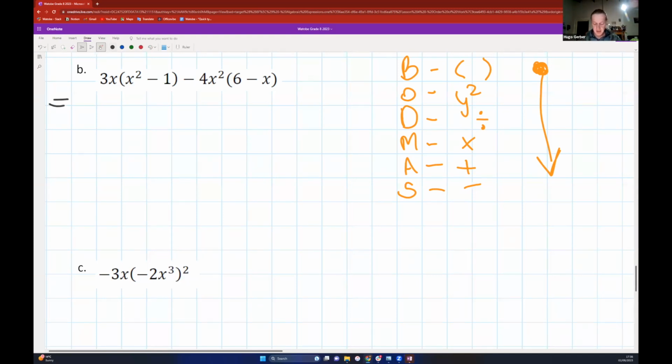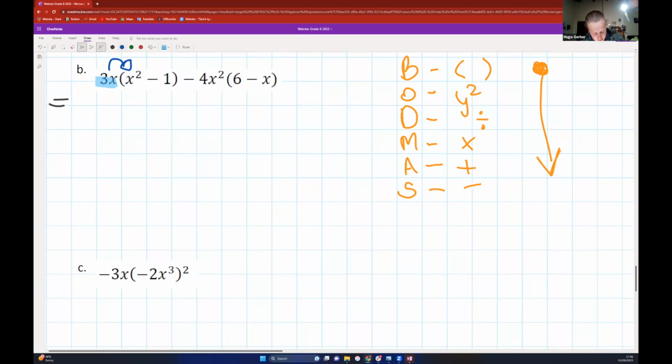Okay, BODMAS says we have to do our brackets first. Let's get rid of our brackets. Now, we have this, let me get my highlighter again. We have this 3x directly adjacent to a bracket. When it's directly adjacent, it means we need to multiply the 3x with the first term, and we will then get an answer.